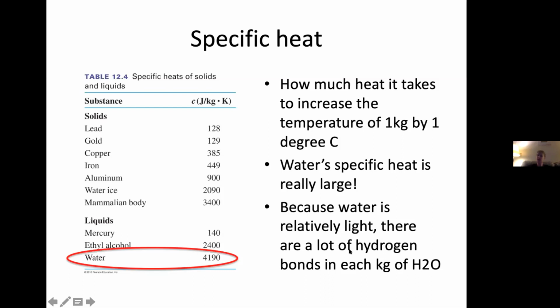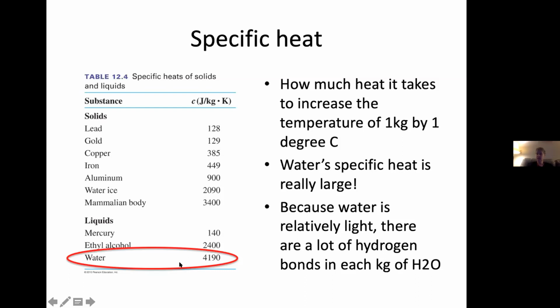And why is that? It's because water is relatively light. So in 1 kilogram, there are a lot of hydrogen bonds that need to be altered or stretched, if you like, to increase the temperature. And that's why water has such high specific heat.